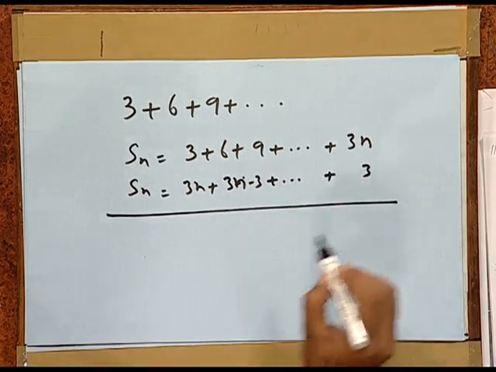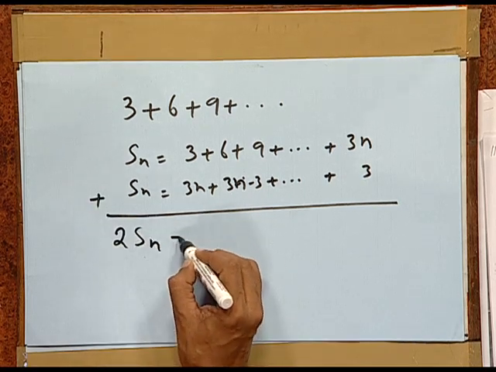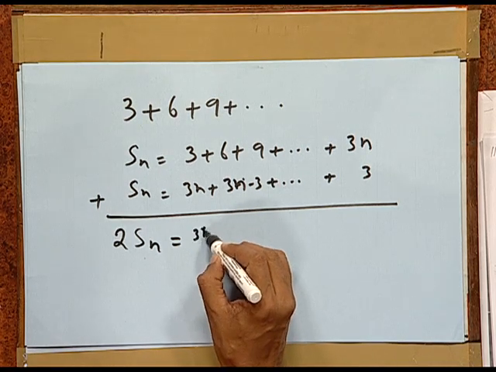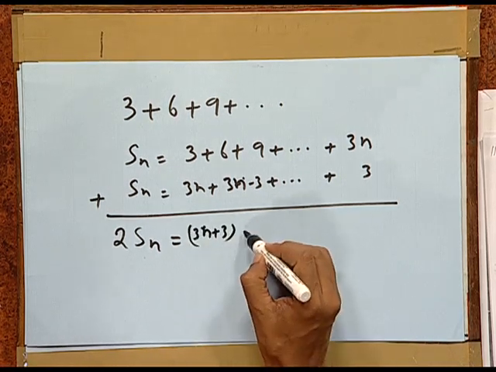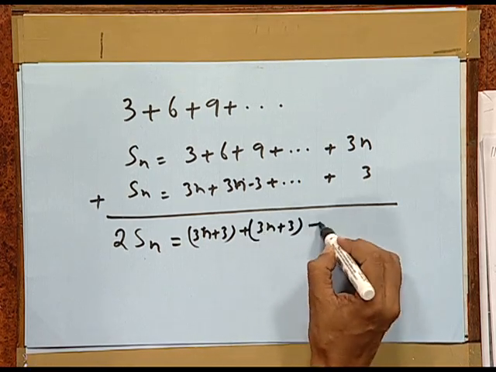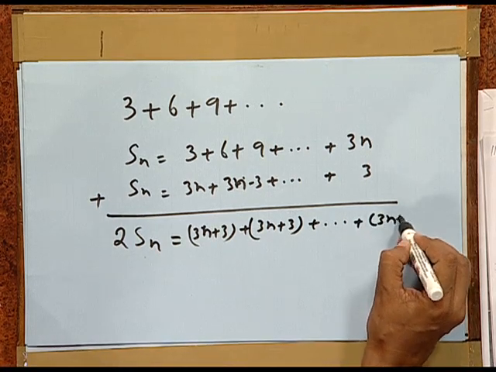If we simply add this, we get 2Sn equal to 3n plus 3, again 3n plus 3 and so on, and lastly again 3n plus 3.